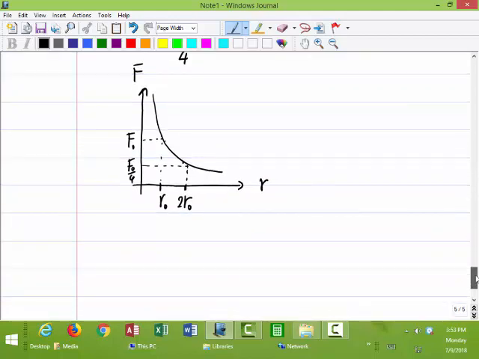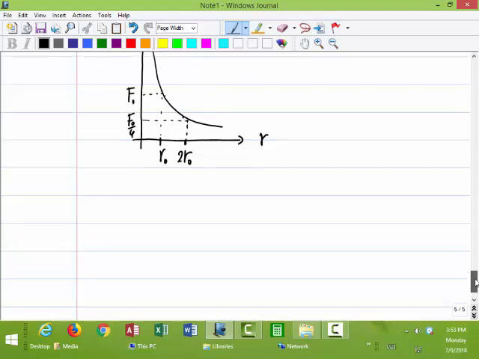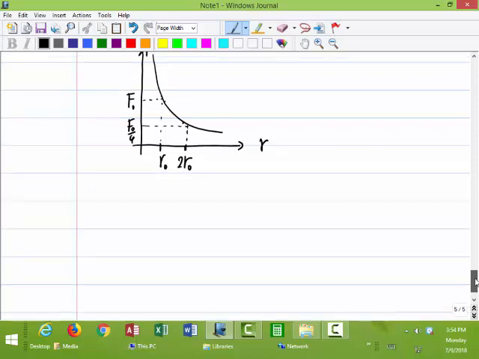The same rule applies when you cut the separation in half: the force should increase by a factor of 4. When you cut the separation by a third, the force should increase by a factor of 9, and so on. So this is an important feature of Coulomb's law that should be remembered. I'll stop here, and I'll go into examples of Coulomb's law in the next section.